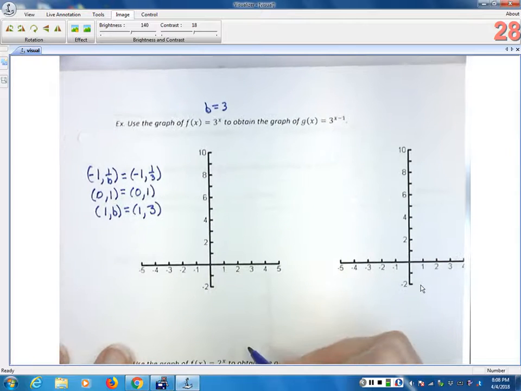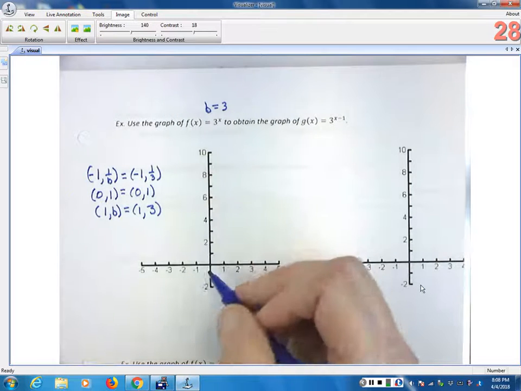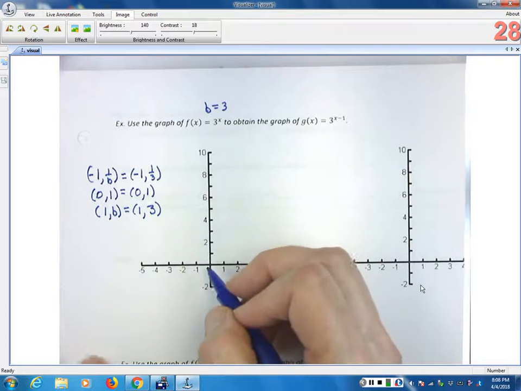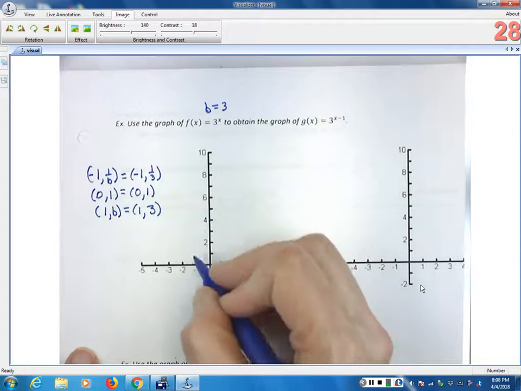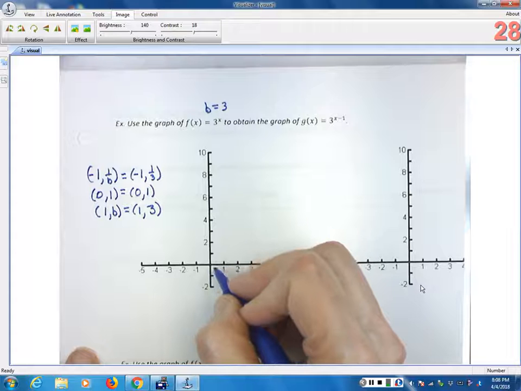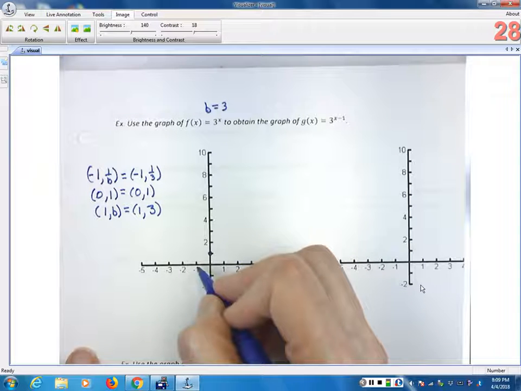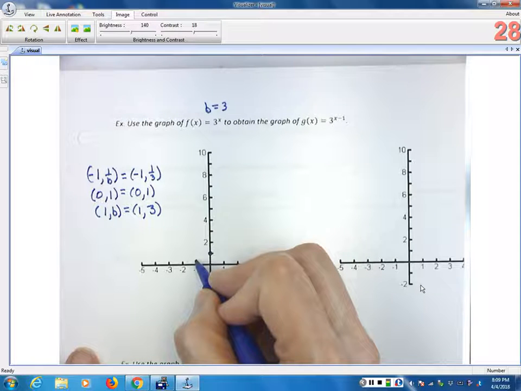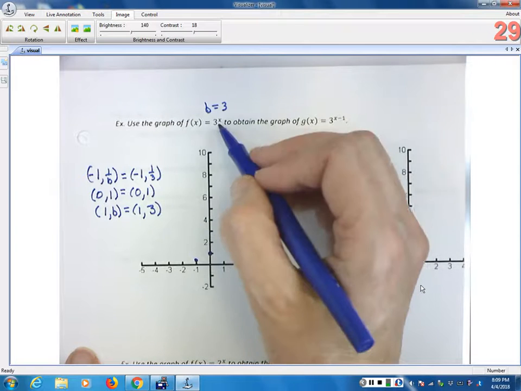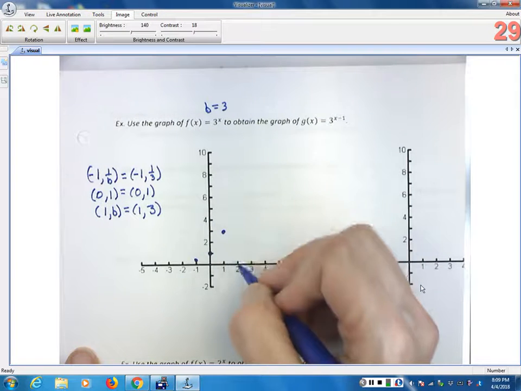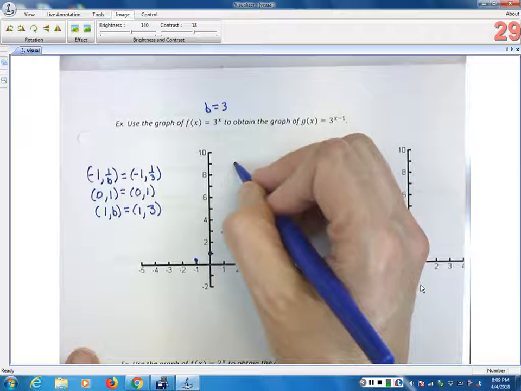So we can just graph y equals 3 to the x using these 3 points. And I like to make it a little more accurate, so I go ahead and put in some more points: (0, 1), (-1, 1/3), (1, 3). So what would 2 be? 3 squared is 9. So I put that one in because I liked it.